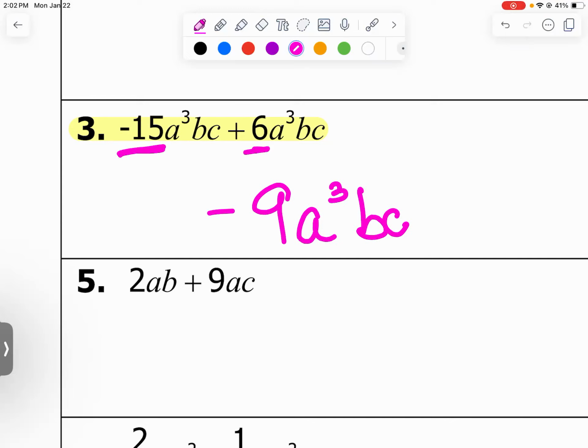Okay, so did you notice that we have a cubed bc, a cubed bc? Those are like terms. So Noah said, hey, all we had to do was add -15 plus 6 and then keep the a cubed bc, right? Right. Okay. If you didn't write that down, that would be a good one to write down.